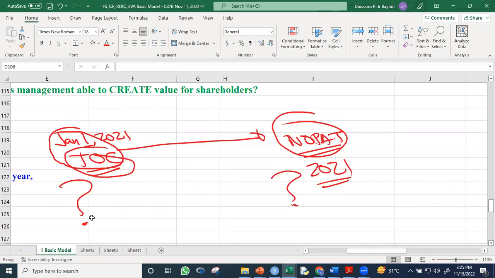Secondly, how did they use it? What operating profit were they able to generate out of the use of the operating capital? Two numbers please. The first number should be your TOC, and the second number should be your operating profit.